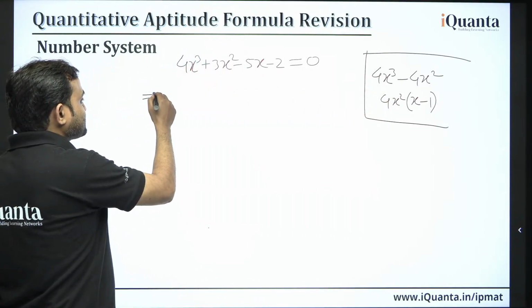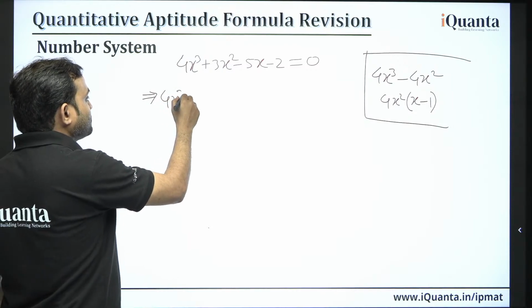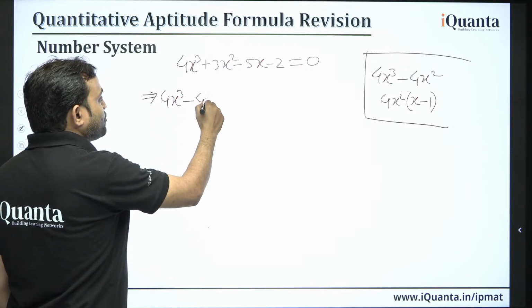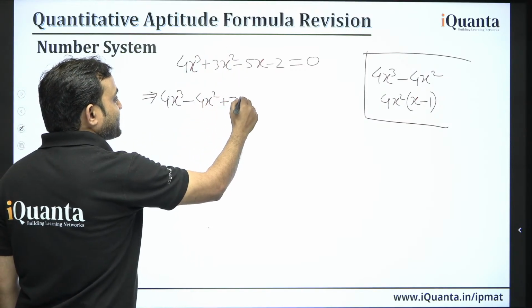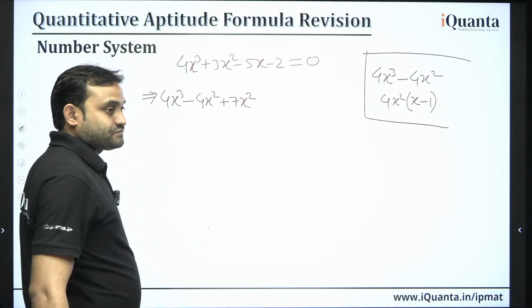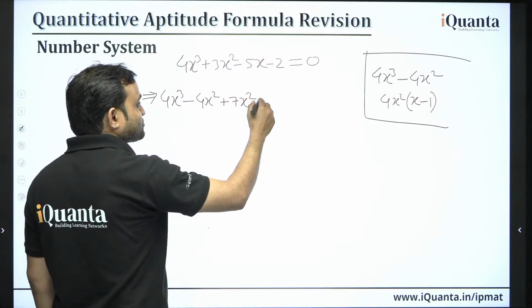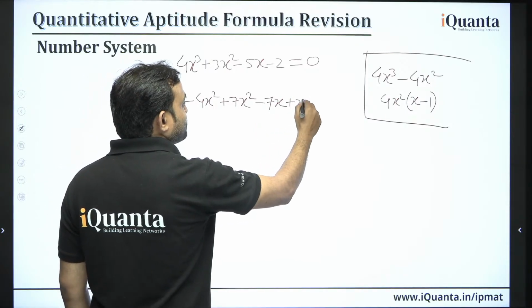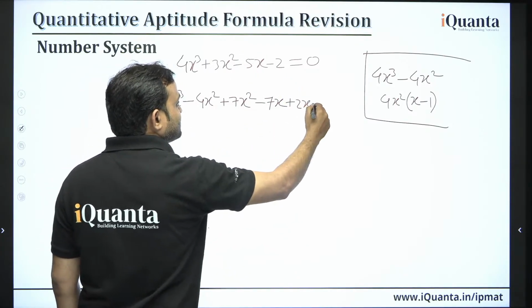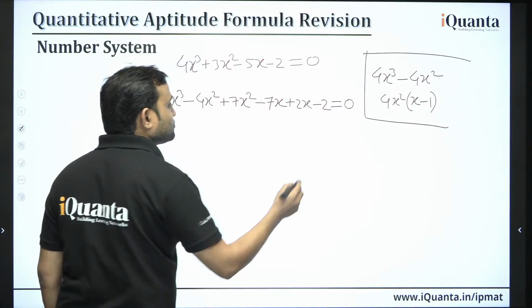Can I write this as 4x cube minus 4x square, but this is 3x square, so we will have to make it 7x square. If this is 7x square, the next term should be minus 7x, then the next term will be 2x, to make it minus 5x, minus 2 is equal to 0.